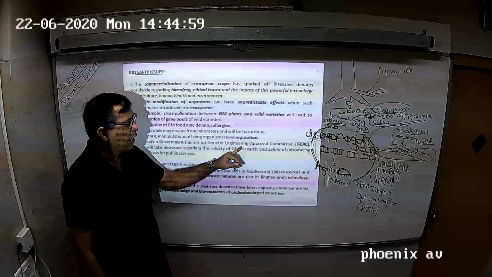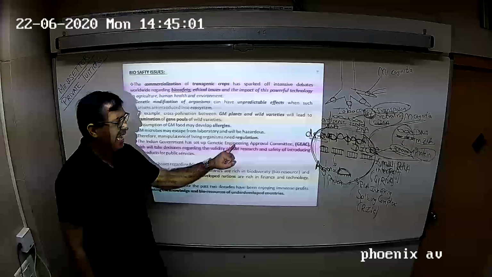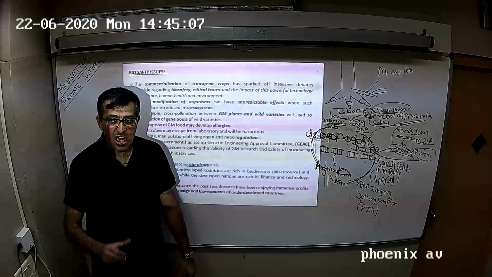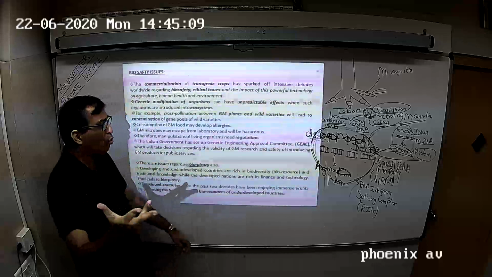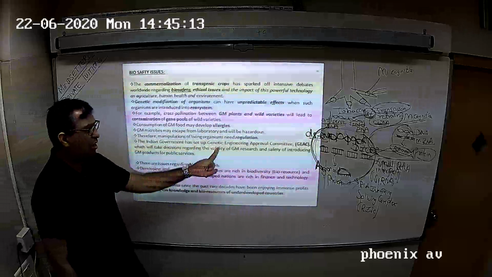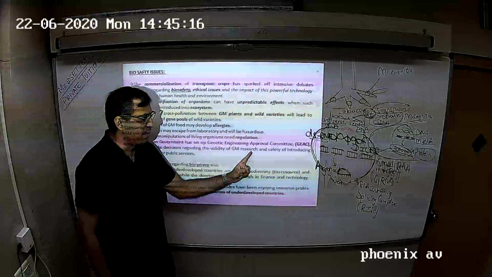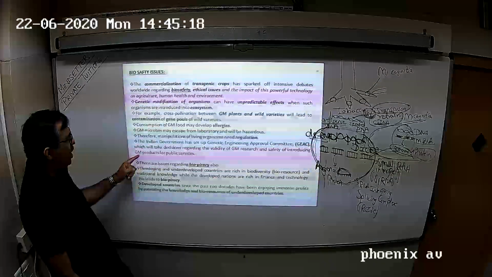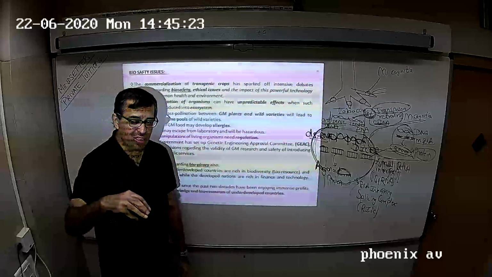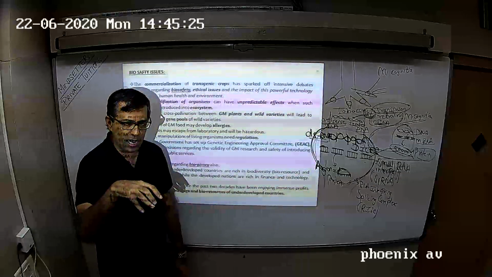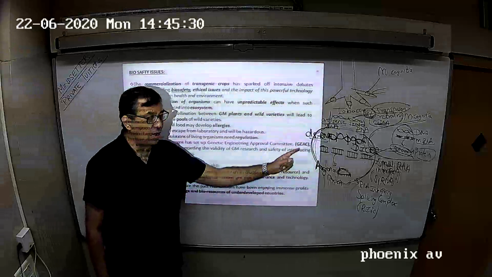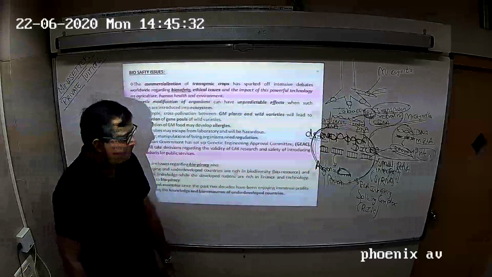And we have something called the Genetic Engineering Approval Committee, GEAC, which will take decisions regarding validity of genetically modified research and safety of introducing GM products for public services. So before making any genetically modified product for public services, approval comes from the Genetic Engineering Approval Committee, GEAC.